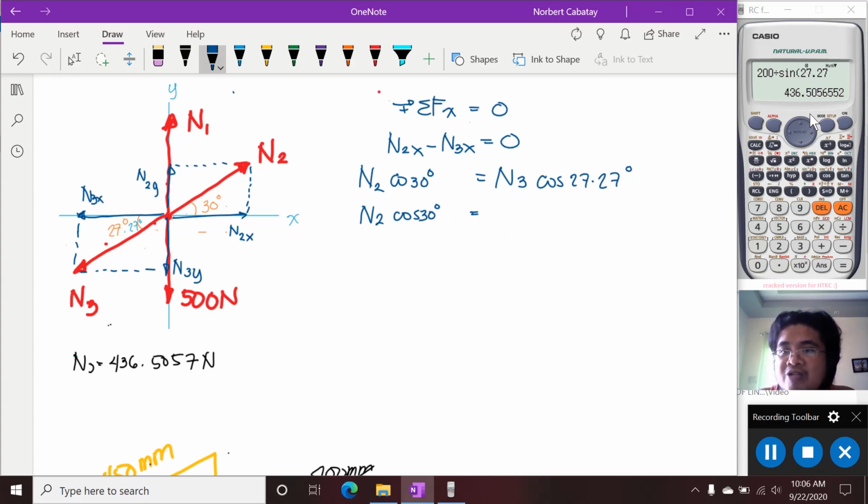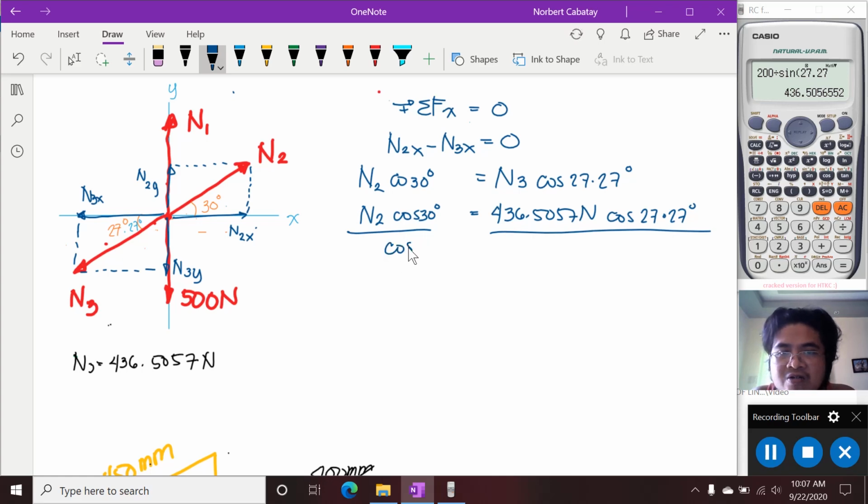So, that will be 436.5057 newtons cosine of 27.27. So, divide nyo lang ng cosine 30. Makakancel nyo na to. N2 is equal to, yan.